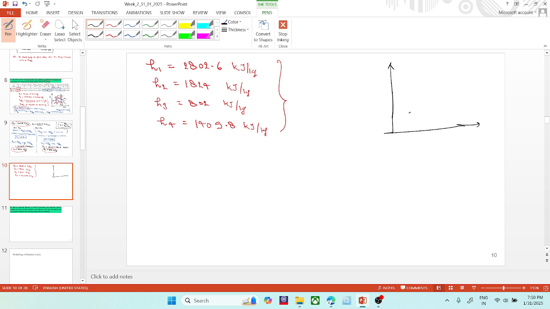This is T, this is S. The values would be somewhat off here and there in the points.